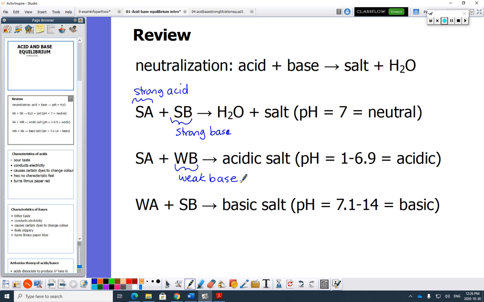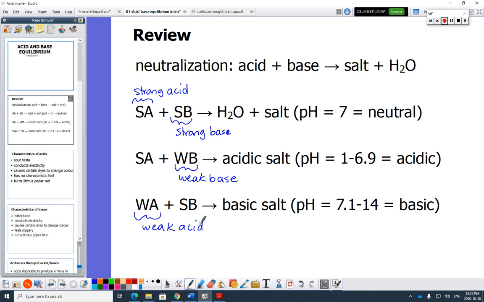And then if you have a weak acid, you're going to get a solution that's a little bit more basic. And it all has to do with what is the concentration of hydrogen ions that are transferred.